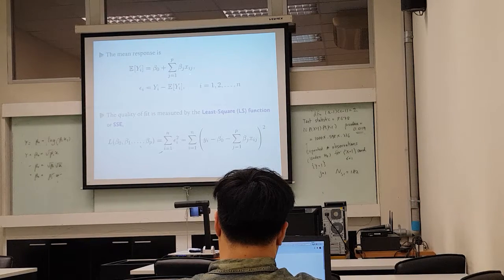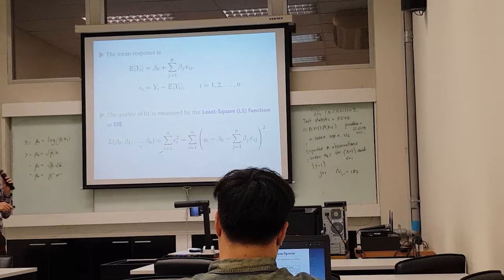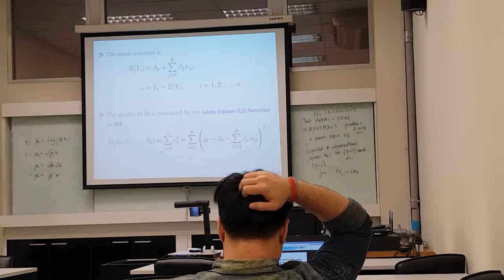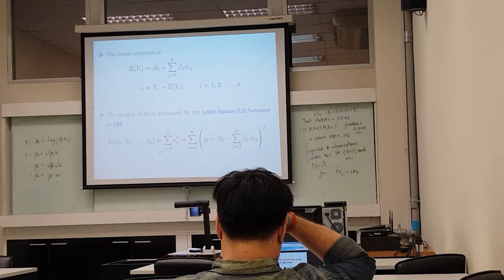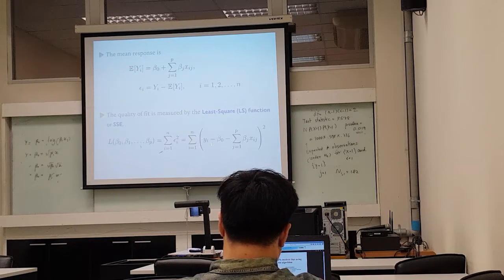You know x, your predictor, and you know y. So you differentiate this term to find the beta that minimizes this sum. The beta that makes this term smallest will be the solution of the model fitting.